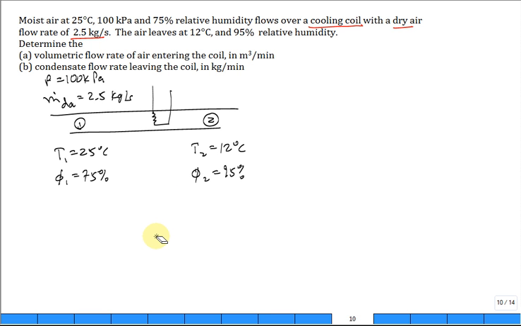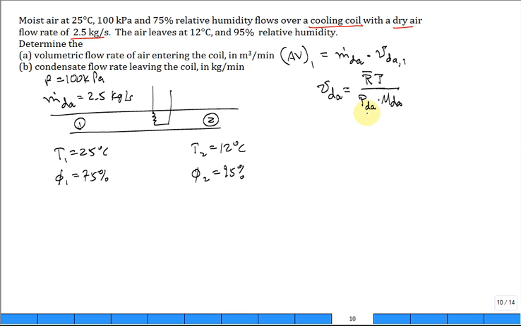Determine the volumetric flow rate of air entering the coil. So that's the AV coming in. That's going to be the product of the mass flow rate of dry air times the specific volume of dry air entering. True? Use the ideal gas equation for the specific volume of dry air entering: R bar T divided by the partial pressure of the dry air times the molar mass of dry air.